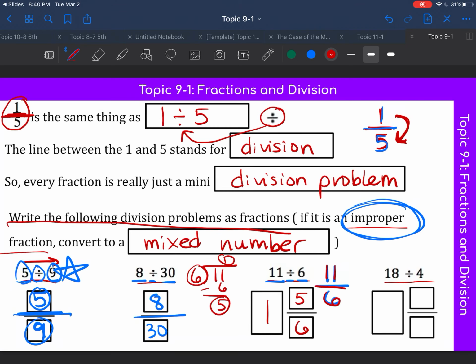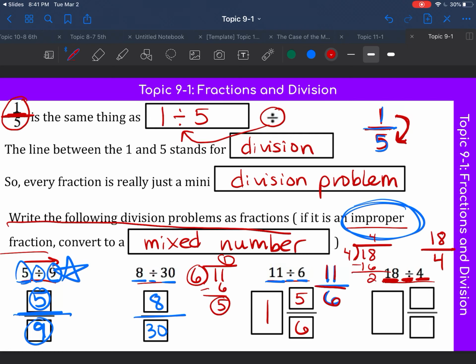And the last one is 11 divided by 4. Or not 11. 18 divided by 4. So it would be 18 over, that line stands for division, 4. And again, it's improper, so we need to set up a little division problem. 18 divided by 4. 4 goes into 18 4 times to get 16.